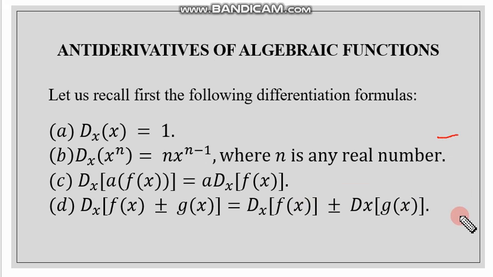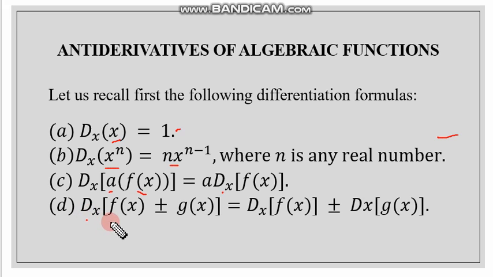Okay, so let's recall the following differentiation formulas: the derivative of x is actually 1, the derivative of x raised to n is nx to the n minus 1, where n is any real number, while the derivative of a times f of x, this is the constant rule, is a times the derivative of f of x.